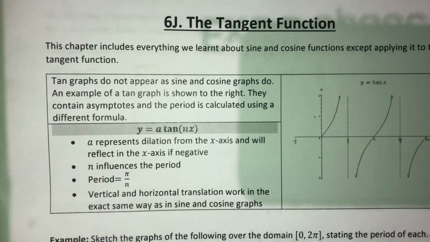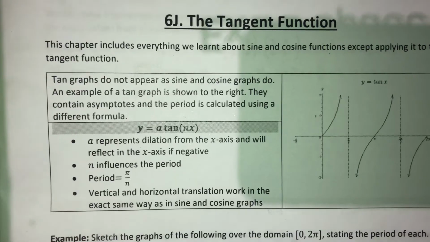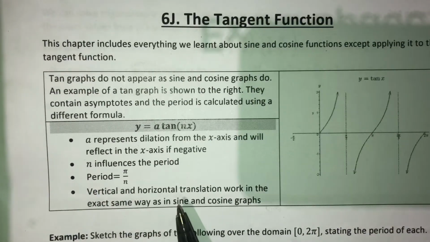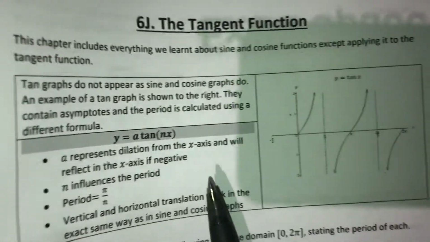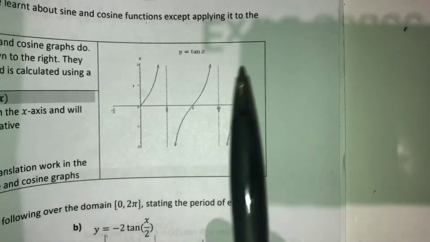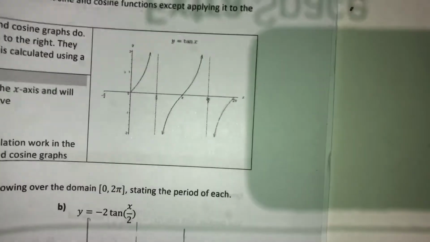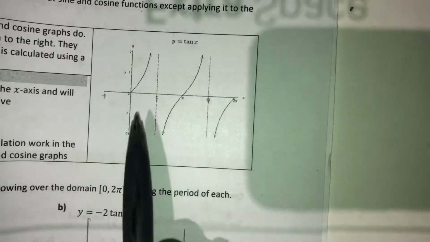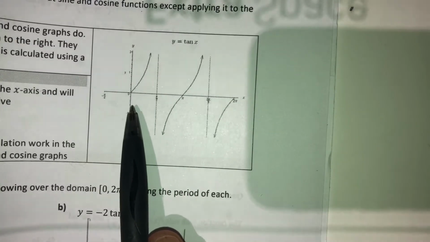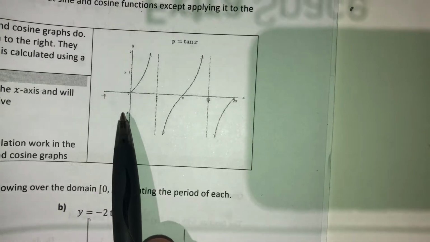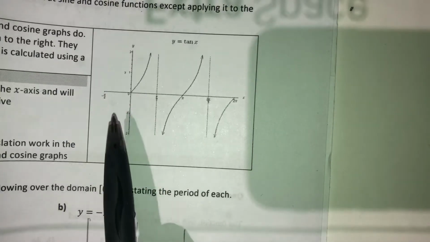Okay, today we're up to 6J, the tangent function. Now, obviously, you can read through this stuff yourself, but the thing that you need to know the most about the tangent function is that you will see here that the period is pi on n. So we're used to 2 pi on n, now we're just pi on n.